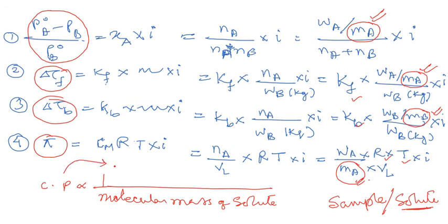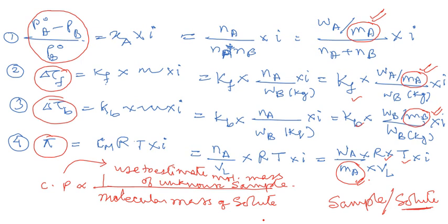It can possibly be asked in exam, what is the use of colligative property? It is used to estimate molecular mass of unknown sample. So that is the use of colligative property.